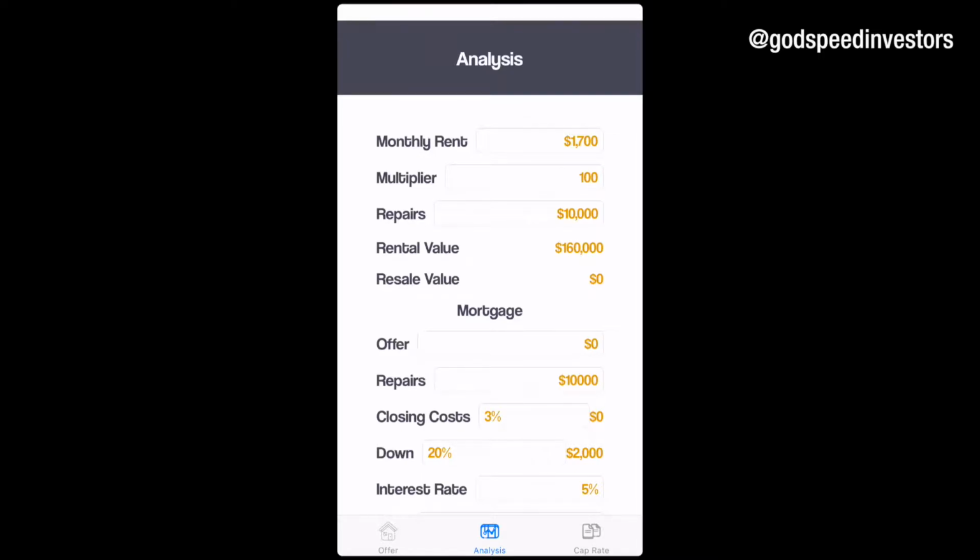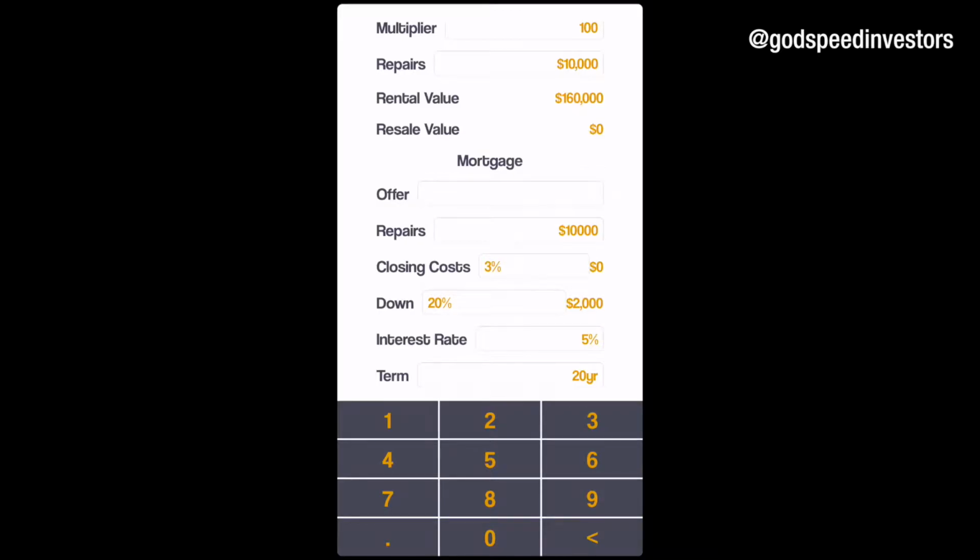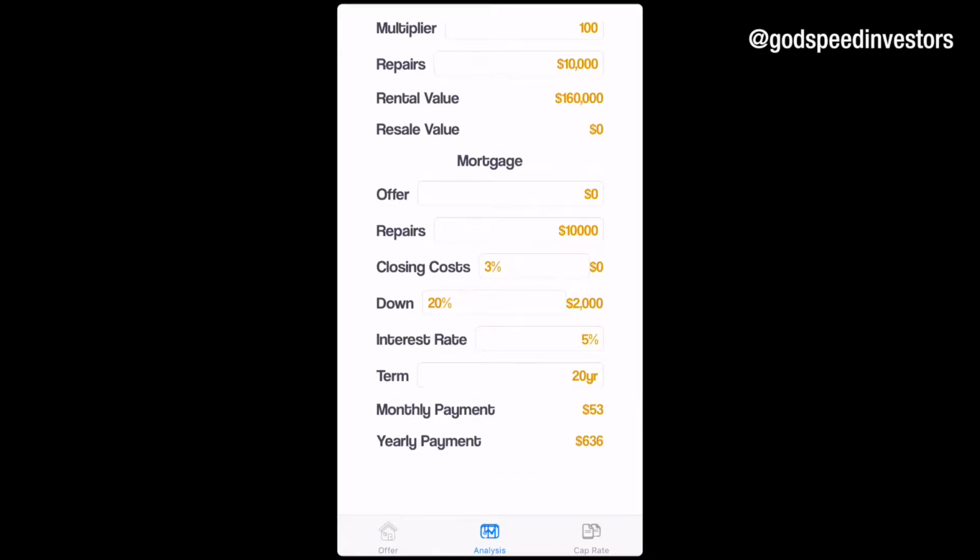Whereas over here, the value of it is based on comparables, not on rent. Okay, so I won't go too far into that, but if you know what this is used for, appraisers use it a lot.